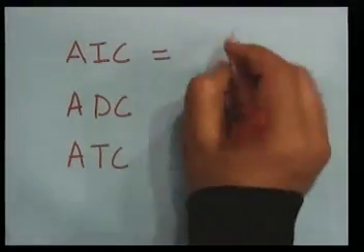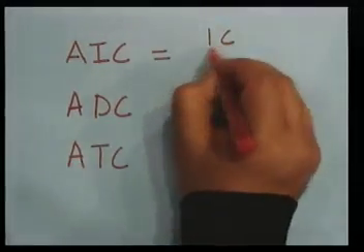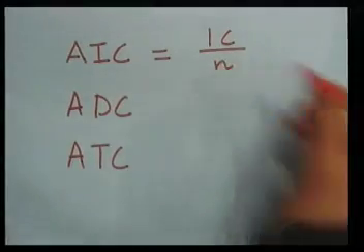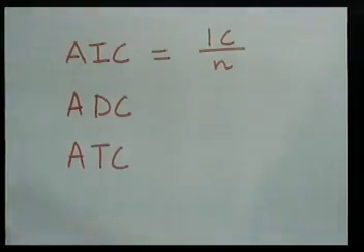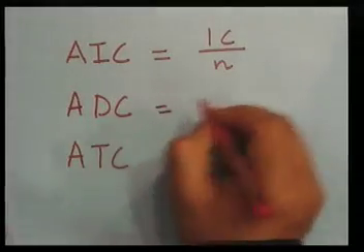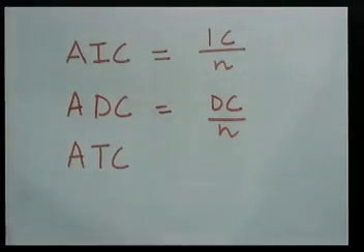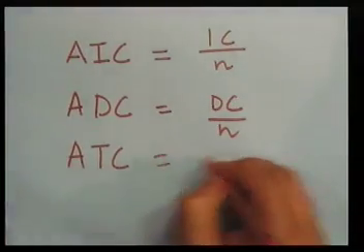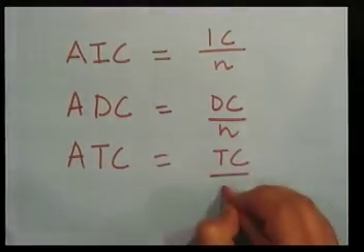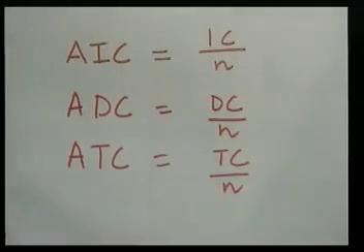Average indirect cost is nothing but indirect cost divided by n. Average direct cost would be DC divided by n, and average total cost is nothing but total cost divided by n.